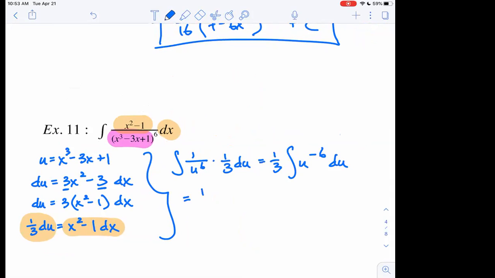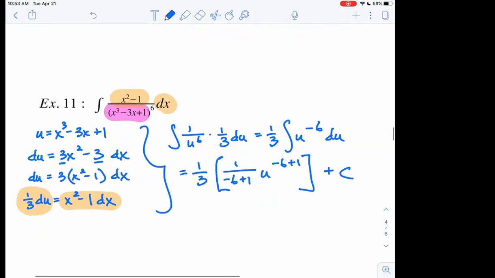Now I can use my power rule. The 1/3 stays in the front, then 1 over negative 6 plus 1, u to the negative 6 plus 1, plus c. So that's 1/3 times negative 1/5 u to the negative 5 plus c.